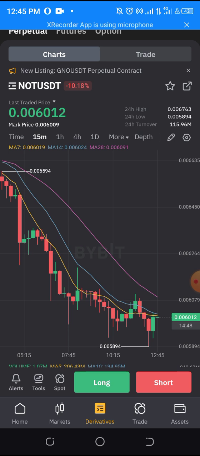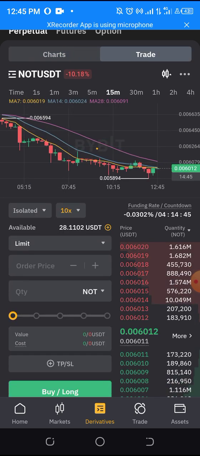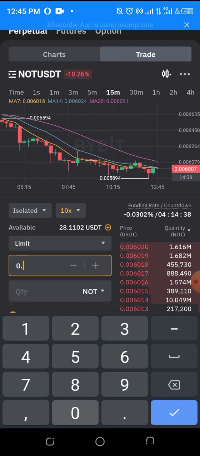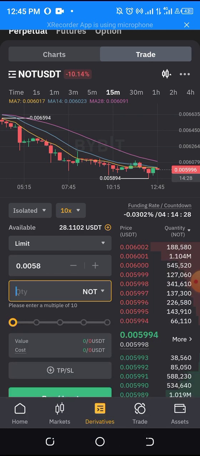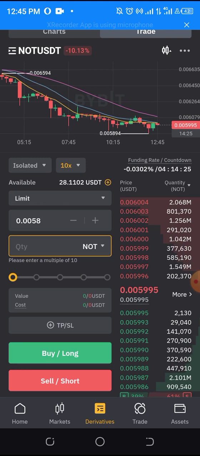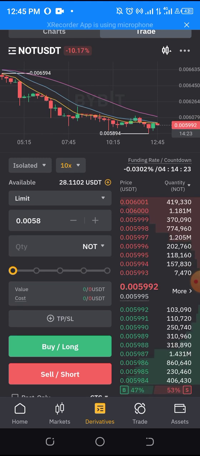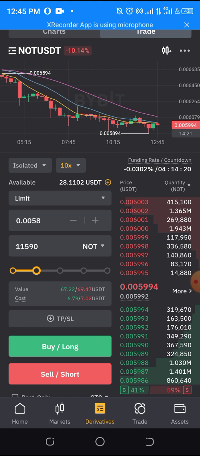So I'm going to go long, click on go long, and I type 0.0058. Then for the quantity, let me use a certain percentage of my total balance.